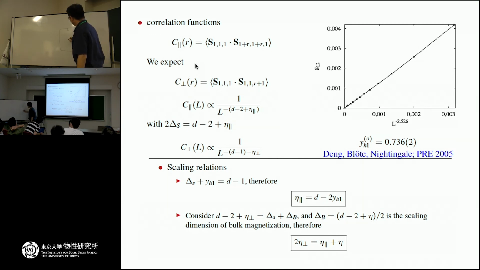S1 to here SR is the C perp. So two directions. This is the surface. This is the Z direction, and X, Y directions are periodic boundary conditions. So you have two exponents.